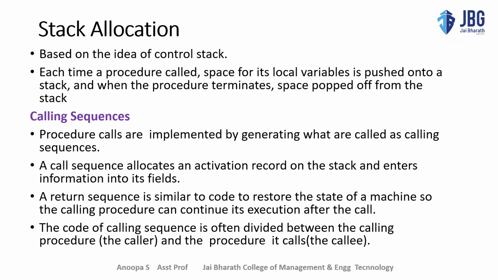A return sequence is similar to code that restores the state of the machine so that the calling procedure can continue its execution after the call. The code of a calling sequence is often divided between the calling procedure, or the caller, and the procedure it calls, the callee.